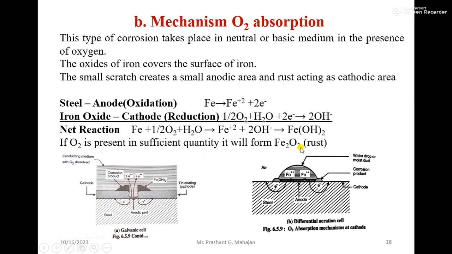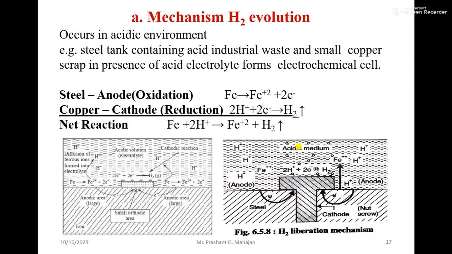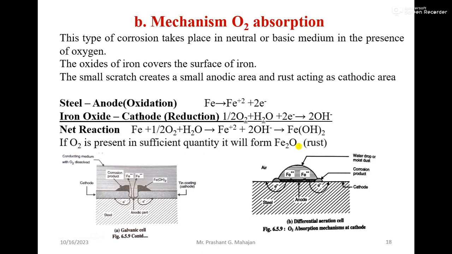So this is the example of the oxygen absorption mechanism. Remember, the hydrogen evolution mechanism takes place in the acidic environment, while the oxygen absorption mechanism takes place in the neutral or basic environment, but in the presence of oxygen.